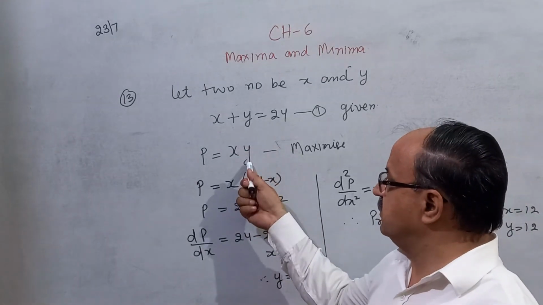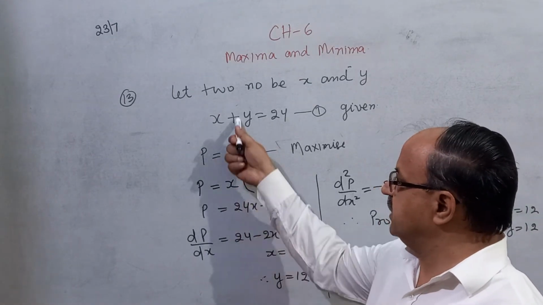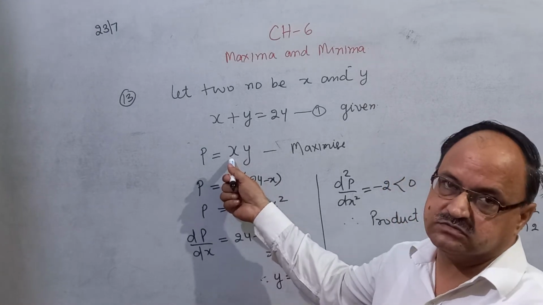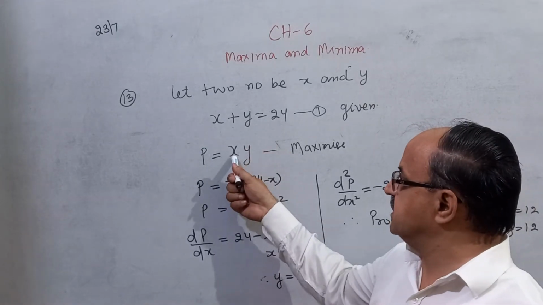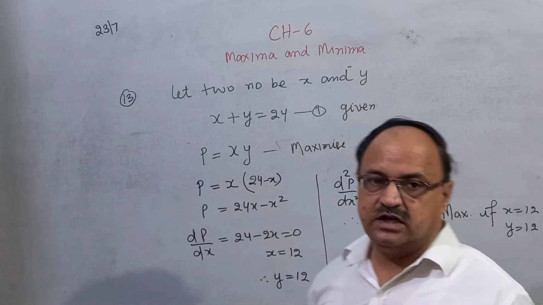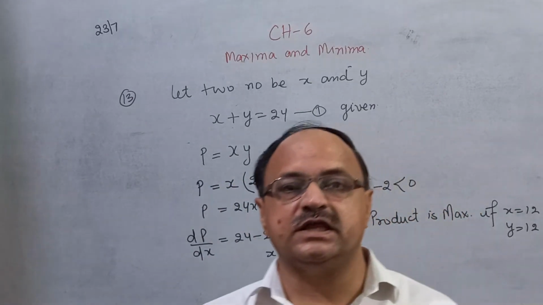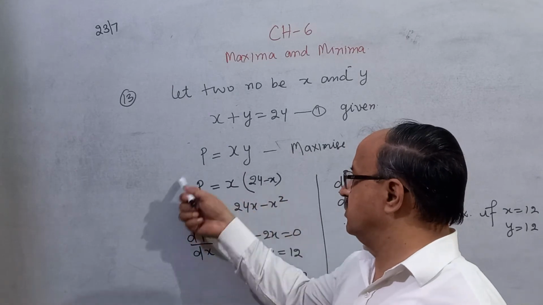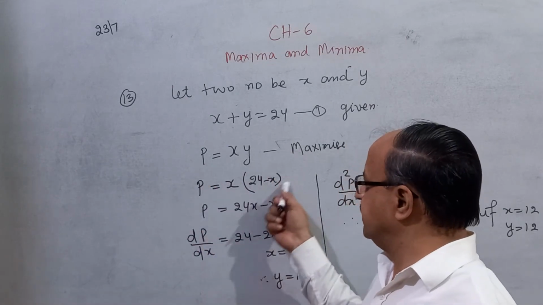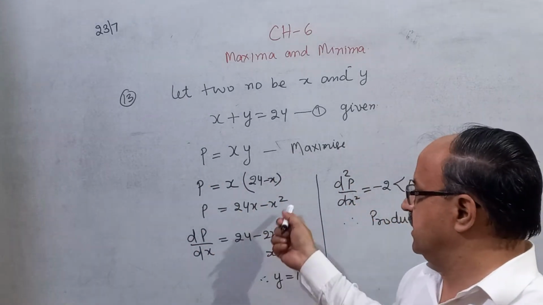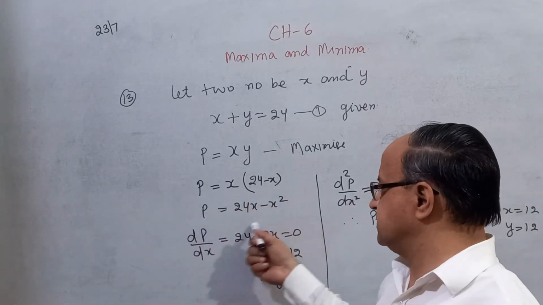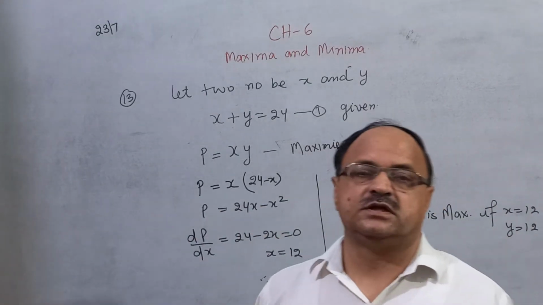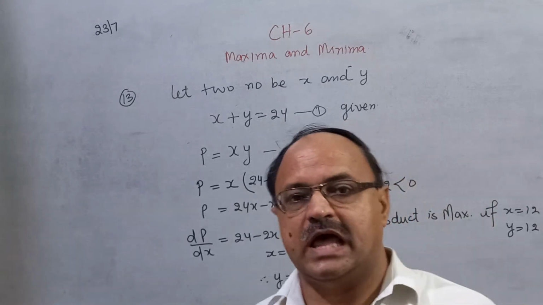You can put the value of y here, or you can put the value of x also. If you put x as 24 minus y, then you differentiate with respect to y. If I put the value of y, the whole function converts into one variable in x, so now differentiate with respect to x.